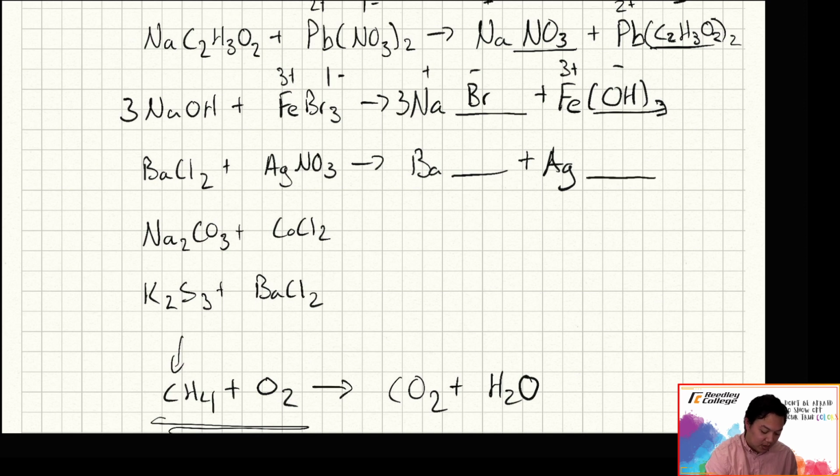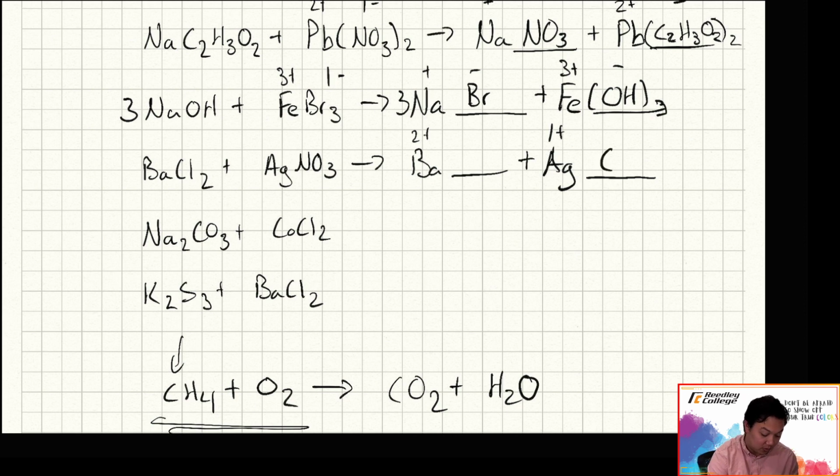So we've taken our cations here and we've moved them over. We've kept them in the same relative order. Barium first, silver second, and then we're going to add the anions to them. Barium we know is a 2+ charge. Silver we just talked about is a 1+ charge. And now we take our cations, and we swap those.